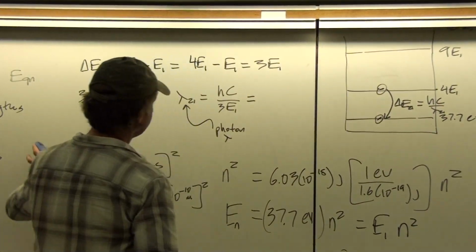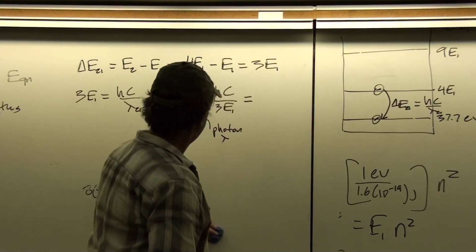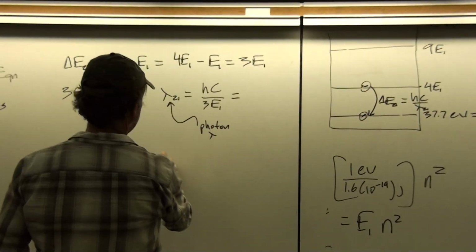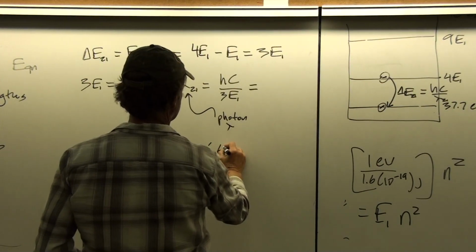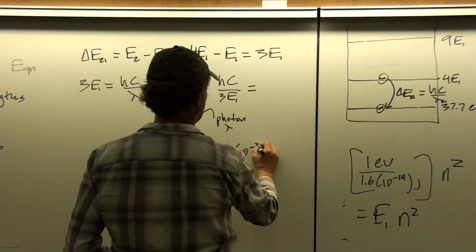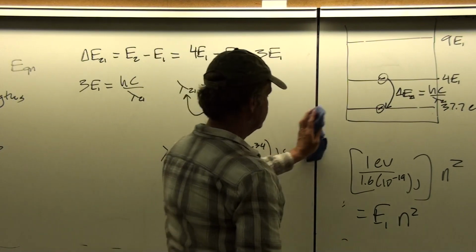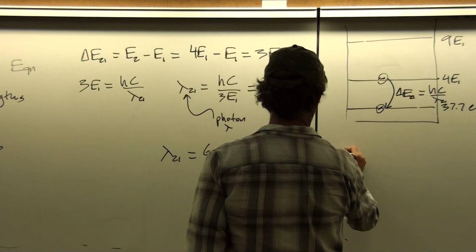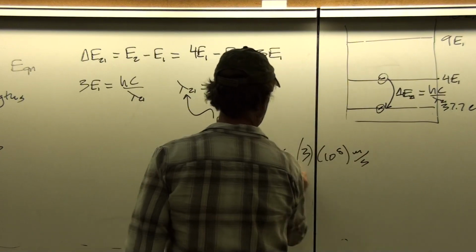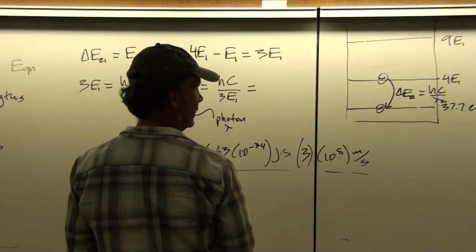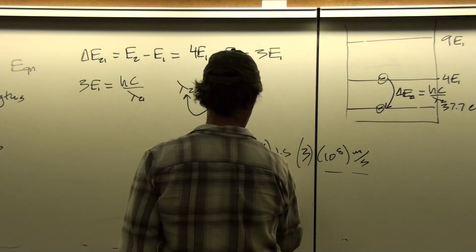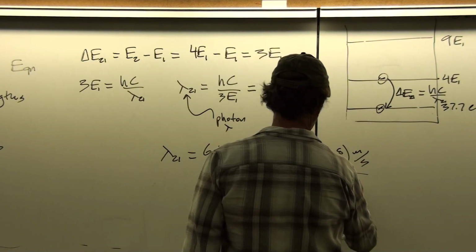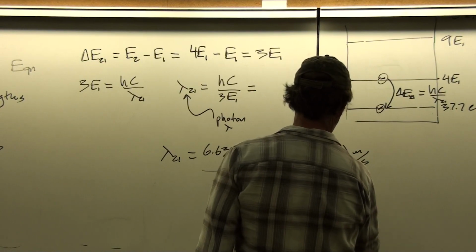So here, lambda 2,1, the wavelength of the photon going from n equals 2 to n equals 1, is going to be equal to 6.63 times 10 to the minus 34 joule seconds times c again, 3 times 10 to the 8 meters per second, divided by 3 times 37.7 eV, and then again I'm going to convert to joules, 1.6 times 10 to the minus 19 joules per eV.